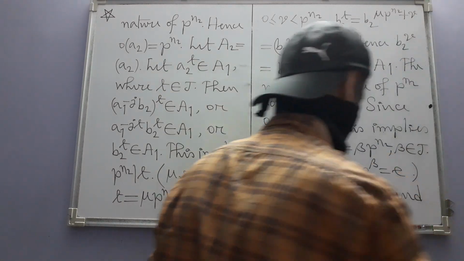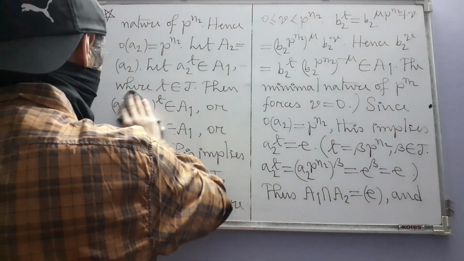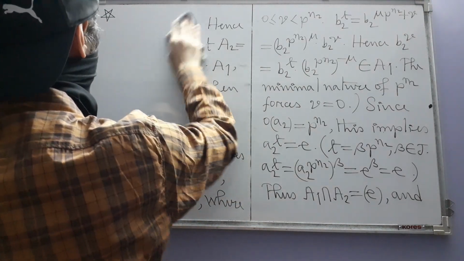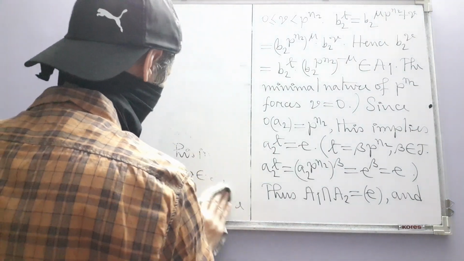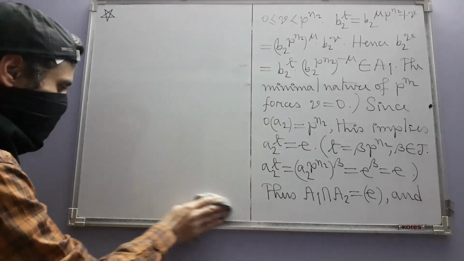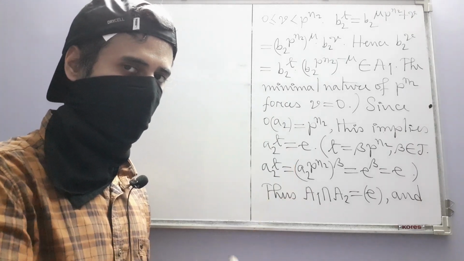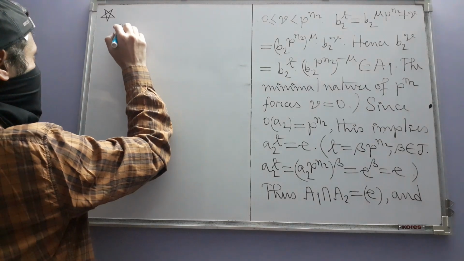And hence, if we have got two subgroups which intersect trivially, then the order of their product is just the product of their orders. Actually, it's also divided by the order of the intersection, but that is 1 in this case, and that is why.